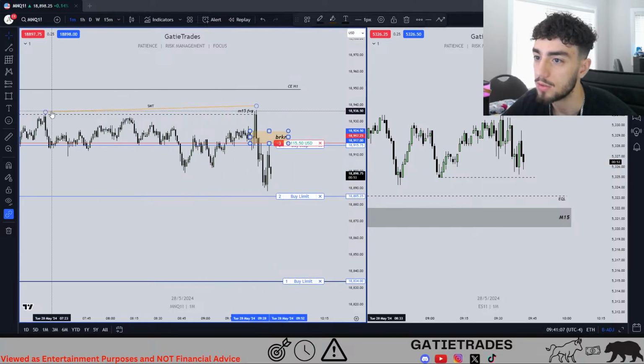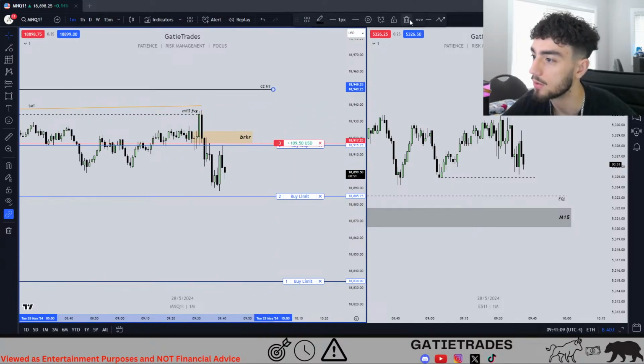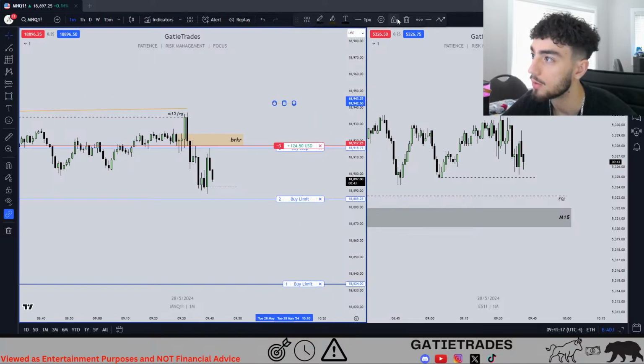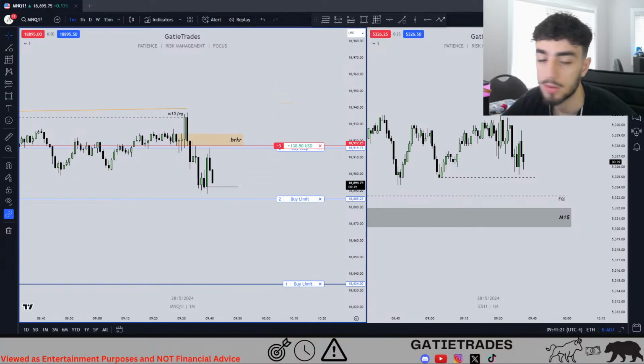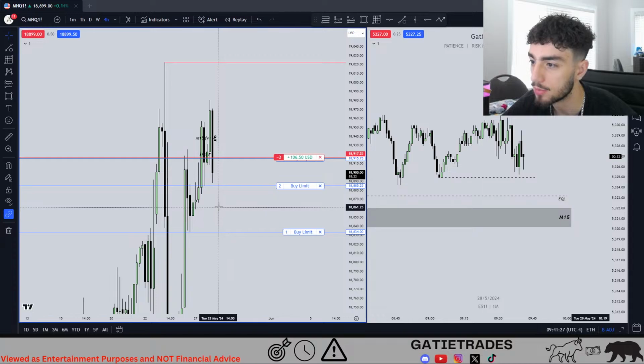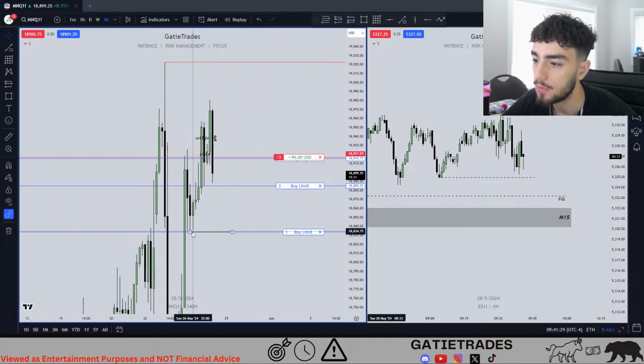Let's get rid of this. Breaker, FVG, and then we have SMTs at the high. We can delete this. So if we can change state of delivery here, get a close below here, I'm expecting lower prices. Could look for the 4-hour candle low, which we are doing right now. And I have a limit here. Oh, that's Monday's low. Maybe we should have closed one lot under the first swing low.